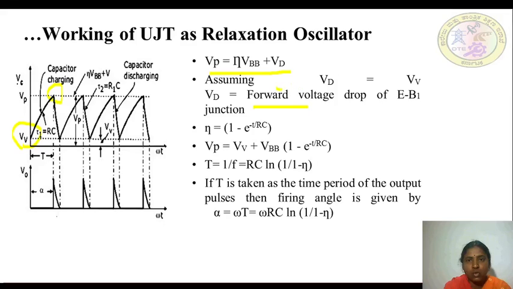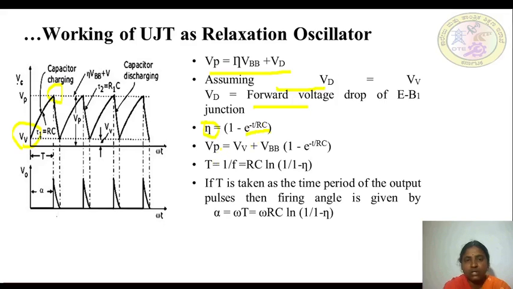Now if you assume VD as equal to VV, the valley voltage, and eta is the intrinsic standoff ratio, eta can be obtained through this exponentially charging capacitor through the RC.